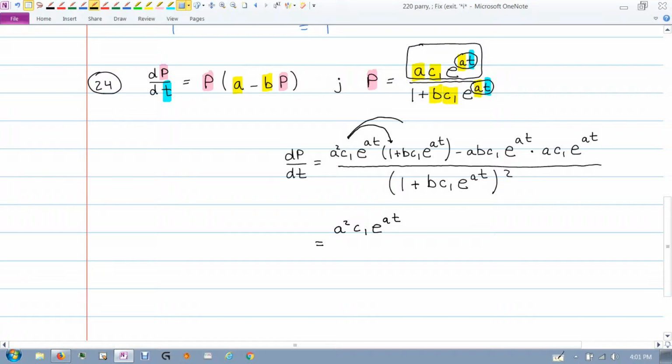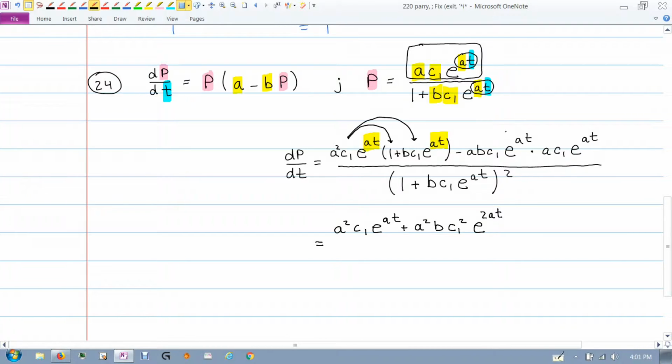And when I multiply it here to here, I'm going to have plus a squared, I've got a b in there, I've got two factors of c sub 1, so c sub 1 squared. Then I've got e to the at times itself, which is going to double the exponent, so e to the 2at. Remember, we add exponents when we multiply, so at plus at is 2at. And that takes care of the distribution.